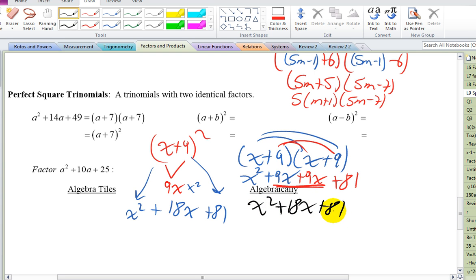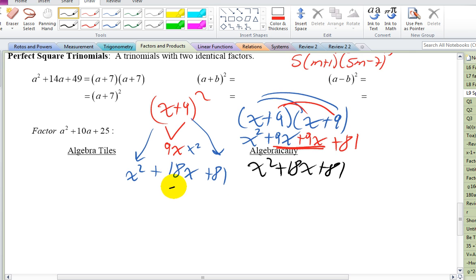The pattern, if you have a perfect square, is you multiply these two together and then you square the first, square the last. So if I'm going the other way, I simply divide this by 2. I get 9x. So 9x, and it's an addition because it's positive. So then my answer is x plus 9 squared.